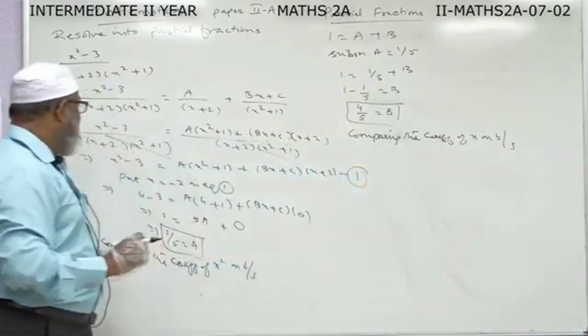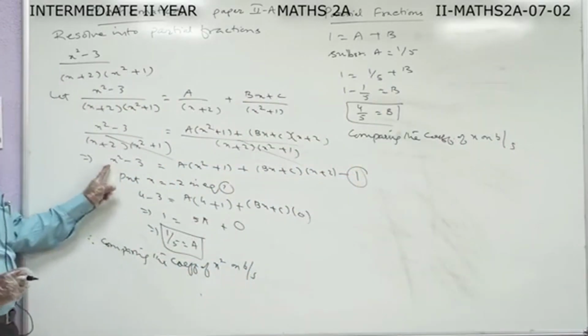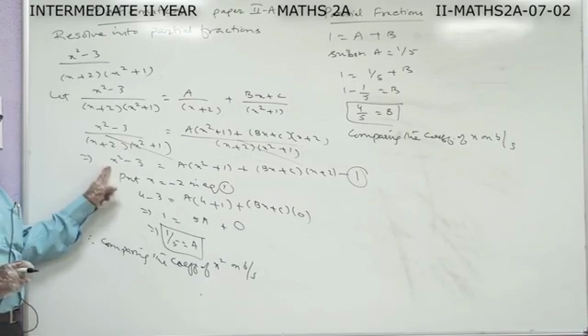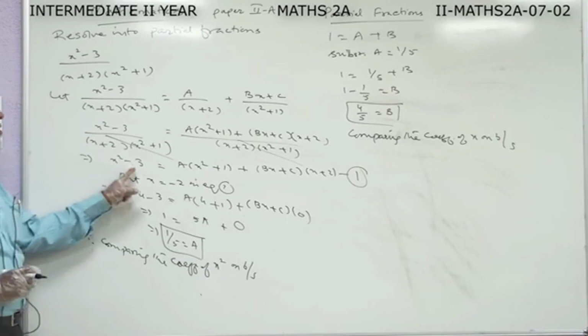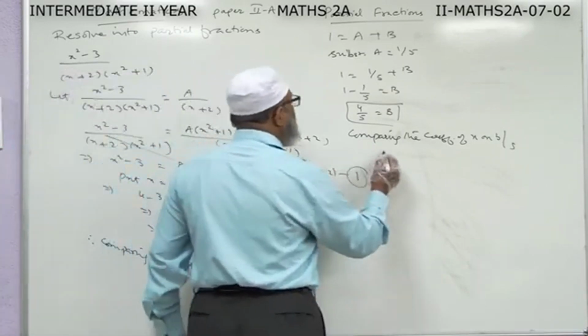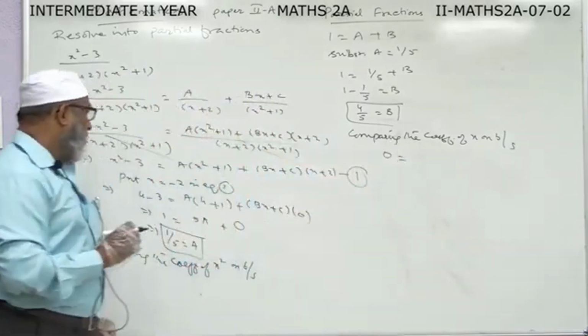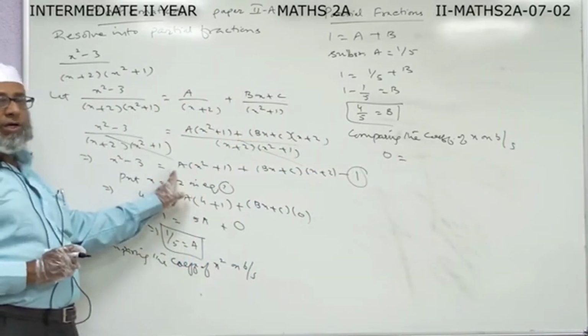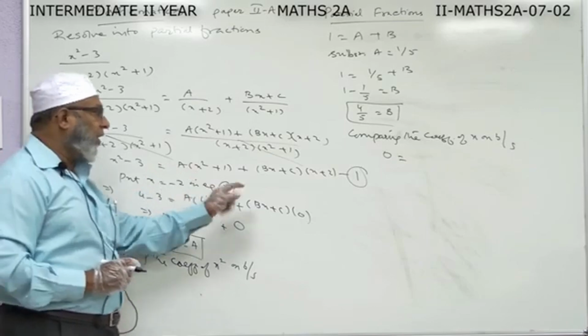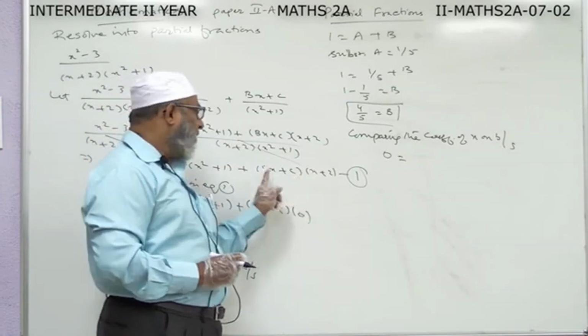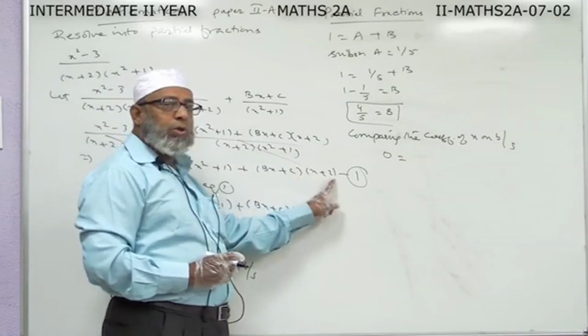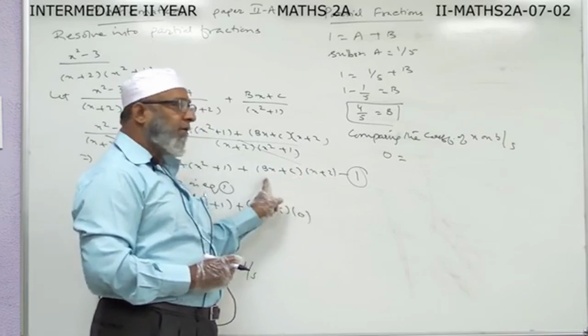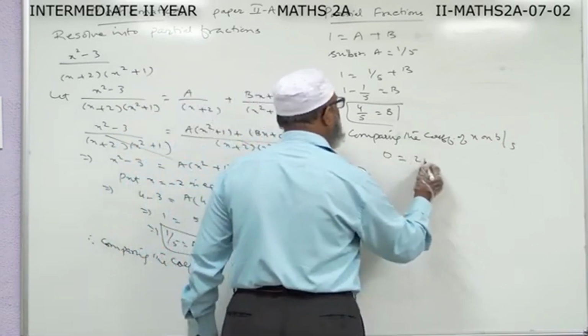Now what is the coefficient of x on both sides? Is there any term of x on the left hand side? No. It is only x square minus 3. So this is nothing but 0 is equal to, now x square into 1, a x square, no x square term. Okay. X into x square, leave it. X into 2, 2x, 2x multiplied with b. So it is nothing but 2b.